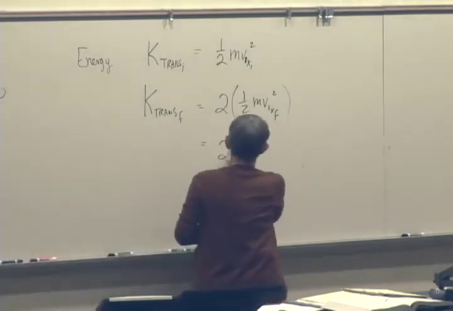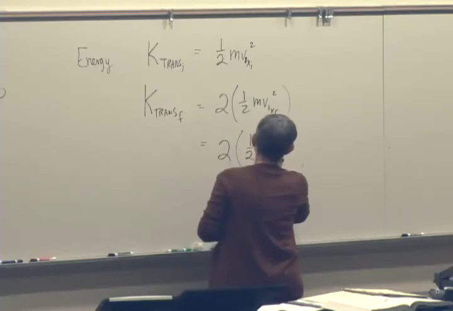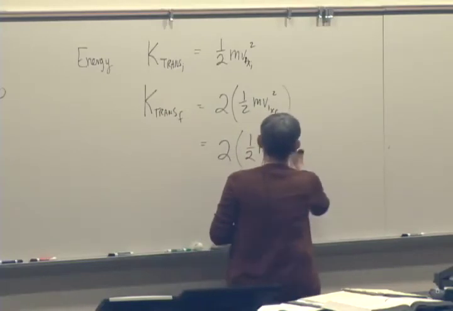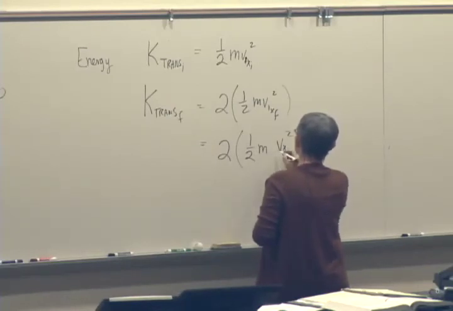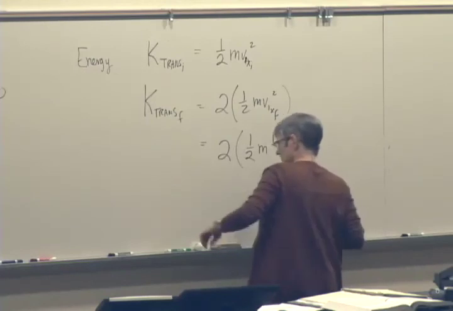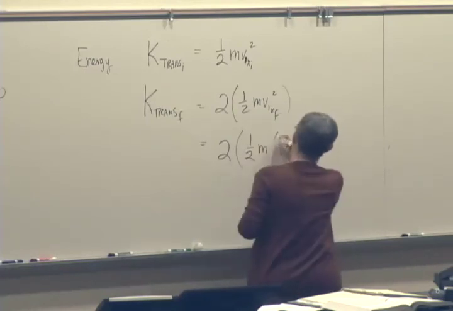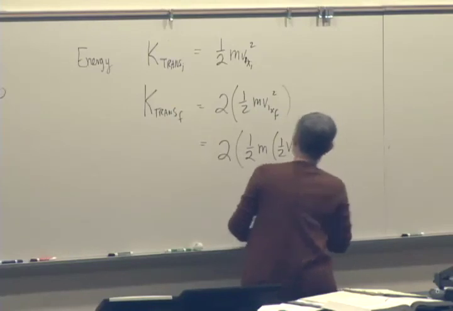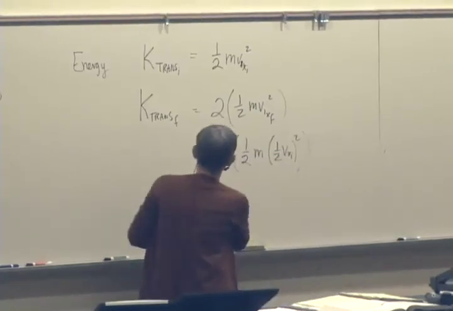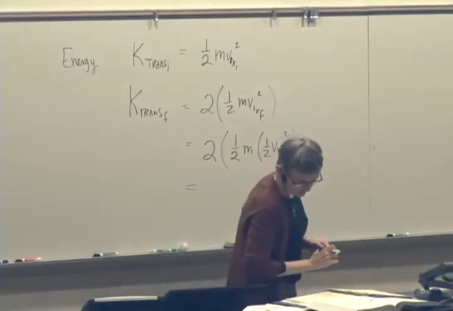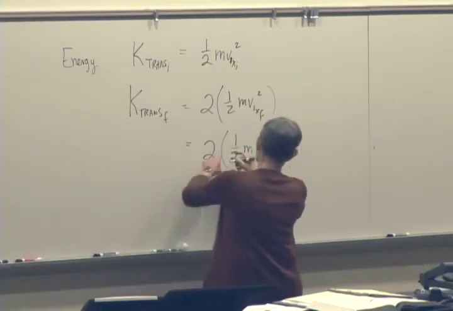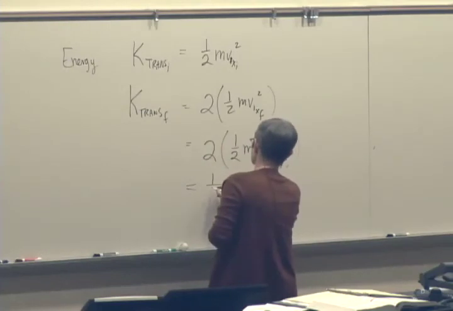So that looks like 2 times a half m times half v initial quantity squared. And so when we get all done, that comes out to a quarter, because these twos, yes, so a quarter.